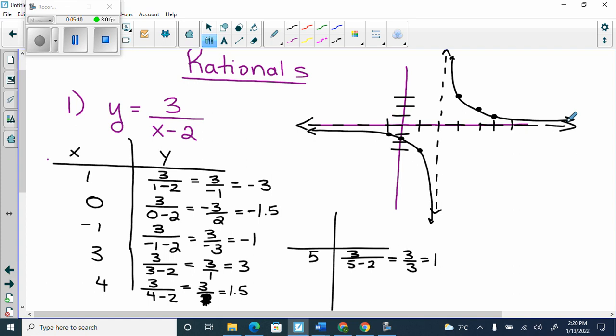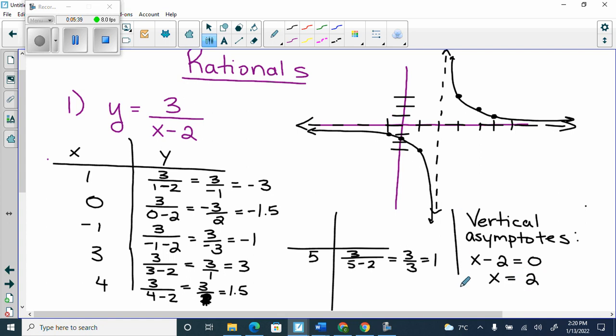So for our vertical asymptotes, what you can do is take the denominator x minus 2 and set it equal to 0, and figure out from there what x value would get you equal to 0, correct? So here it would be x equals 2. So we know for this one we have a vertical asymptote at x equals 2.